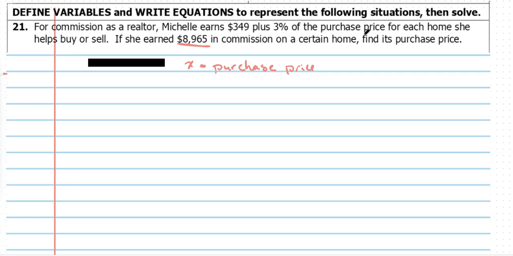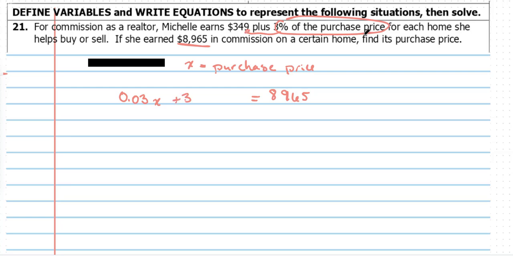We know that in total, her commission is going to be $8,965. She earns 3%, which is 0.03, times the purchase price, because it's 3% of the purchase price, plus that $349.